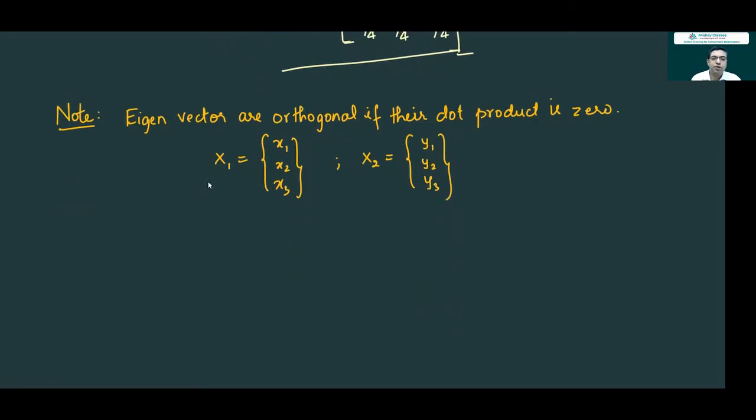So dot product is defined as x1 transpose x2. So this will be a column matrix, becomes a row matrix multiplied by the column matrix.